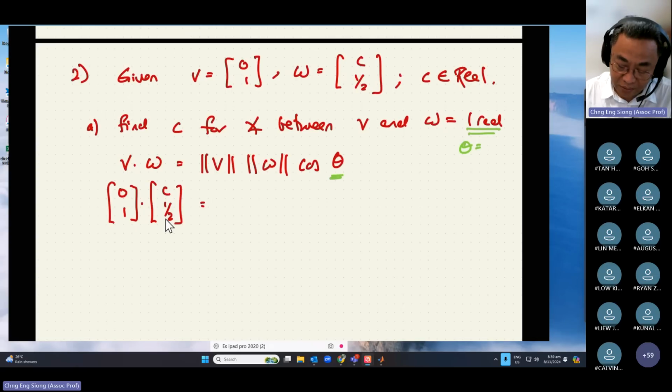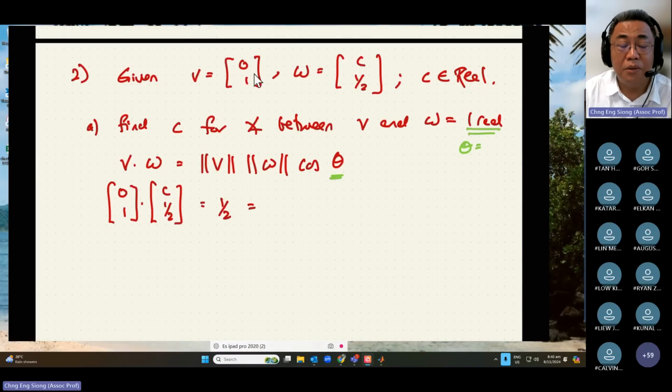So the dot product is trivial now: 1 times half is half. So that is the left-hand side. The norm of V, of course, you know, because it is the length of V, and this is a unit length vector, right? The square root of 0 squared plus 1 squared is 1. So this is 1.